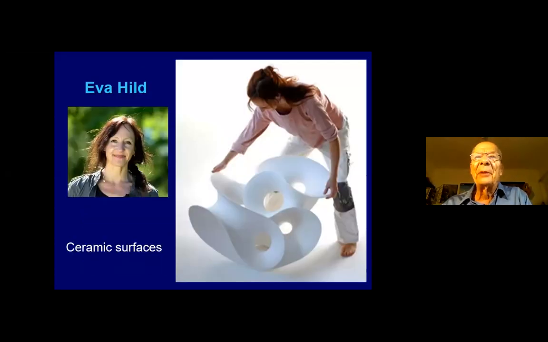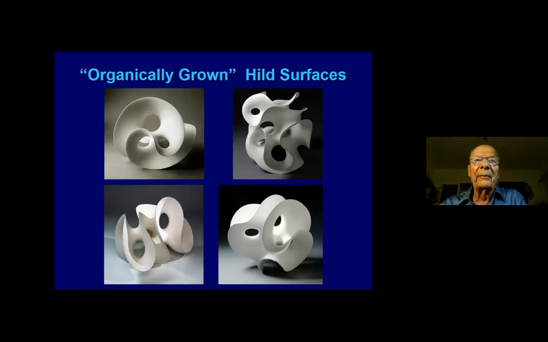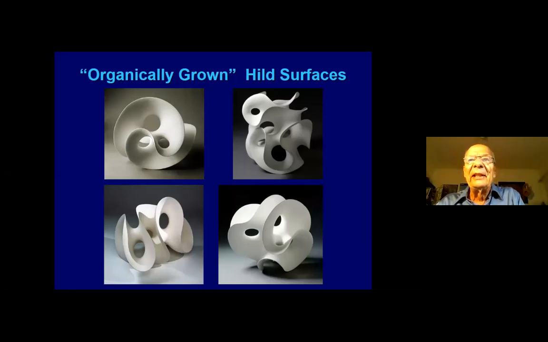But now, as a counterexample, I want to give you a glimpse of another artist who is mostly avoiding symmetry. Eva Hild lives in Sweden and creates beautiful flowing ceramic surfaces with intricate connectivity. Eva often builds several surfaces in parallel over a period of several weeks without a concrete plan for a final result.